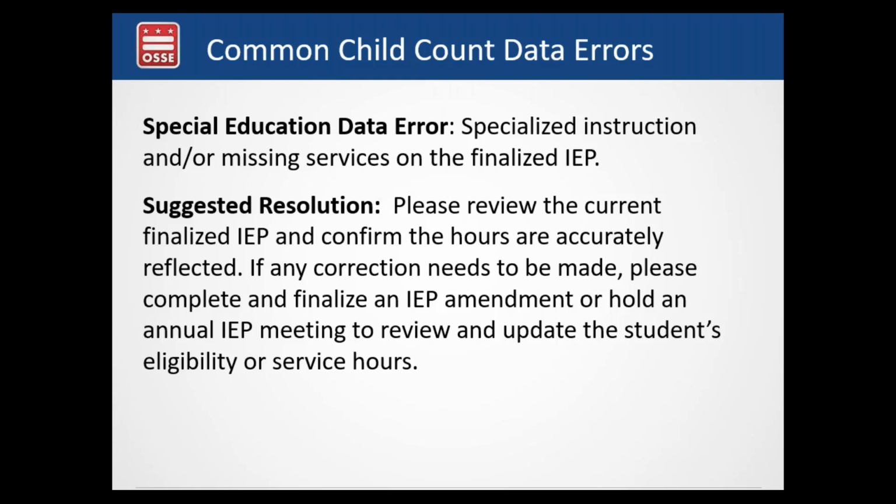So if any correction needs to be made, please complete and finalize an IEP amendment or hold an annual IEP meeting to review and update the student's eligibility or service hours, and importantly, the dates of service.